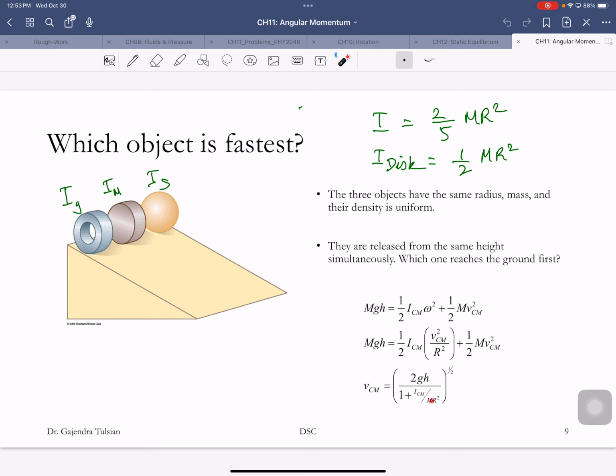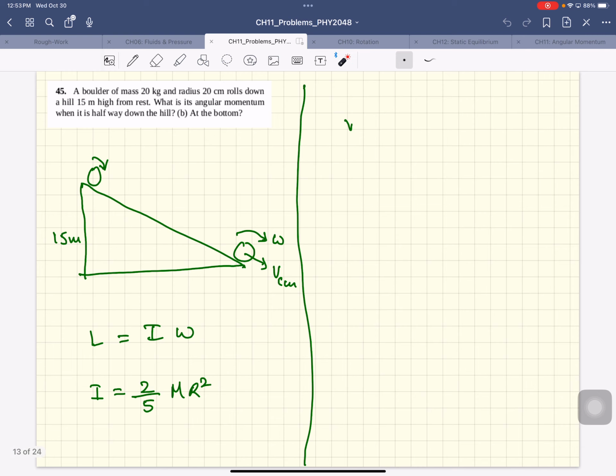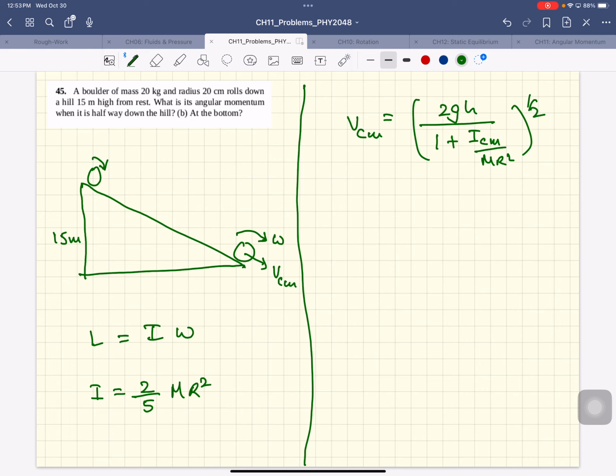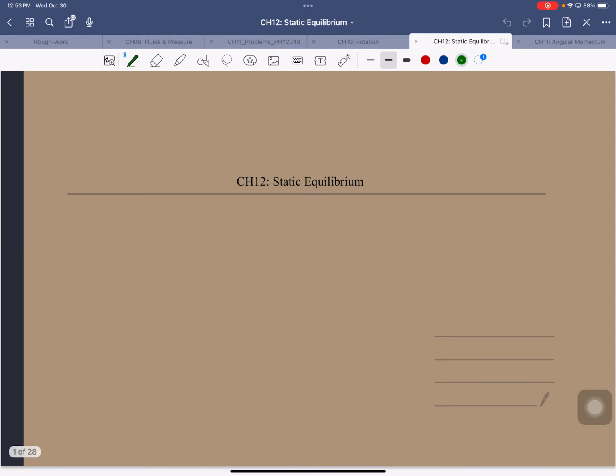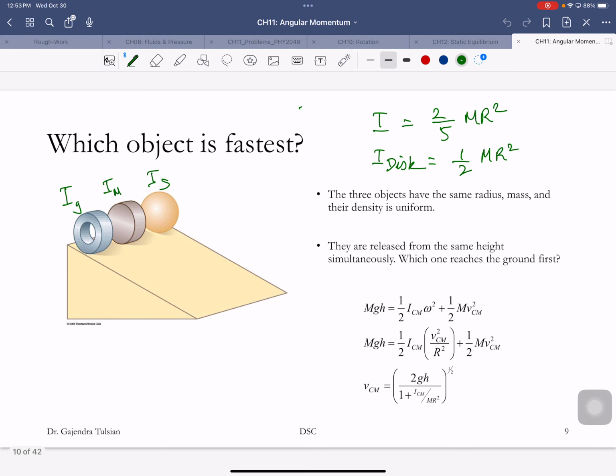So the center of mass velocity at the bottom of the hill is (2gh / (1 + I center of mass divided by mr squared)) to the power half. So this is the formula I copied.